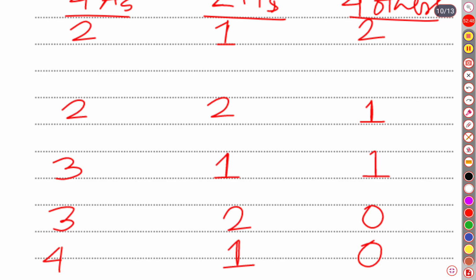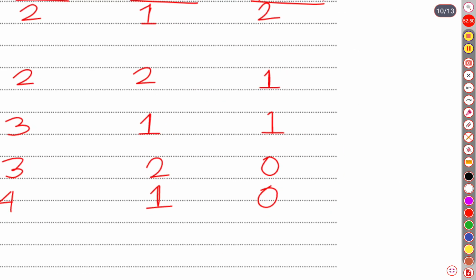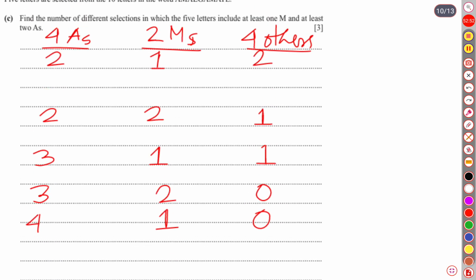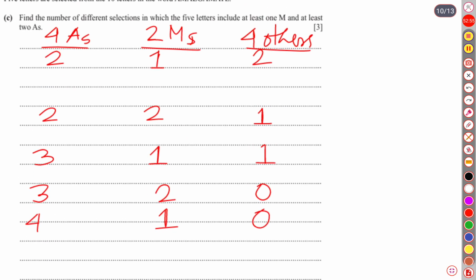So let us write this scenario. If we calculate this, from 4 A's, if we choose 2 A's, then the number of choices is actually 1. It's a concept, please don't get confused. Remember, the combination formula is applicable for distinguished and distinct objects.